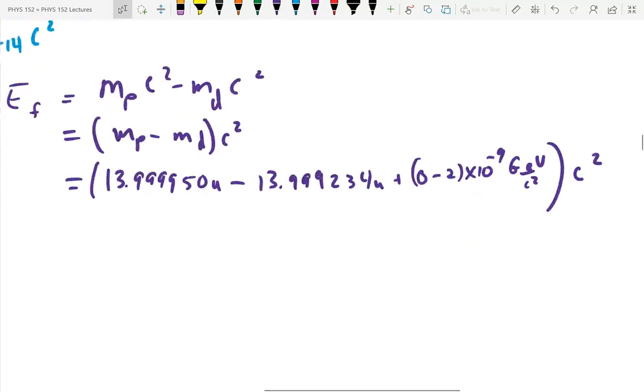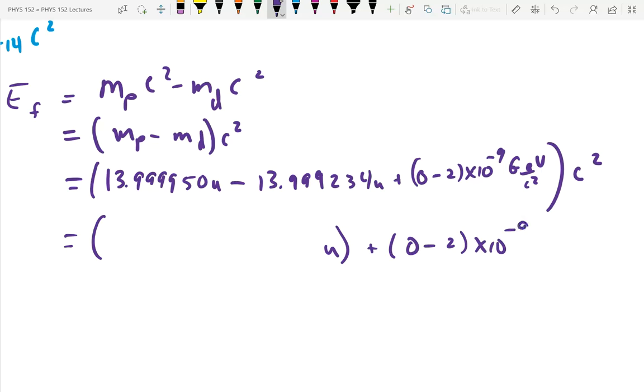Now I'm going to split this out into the reasonable part. If I separate out the ones that have U from the ones that don't, I'm going to have 0 to 2 times 10 to the minus 9 giga electron volts.